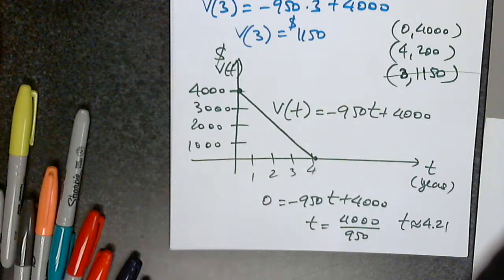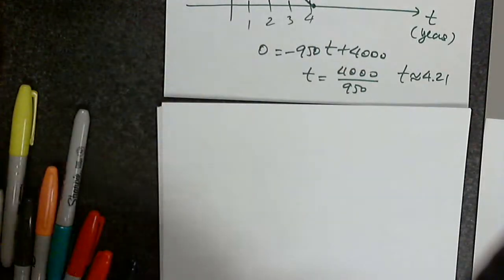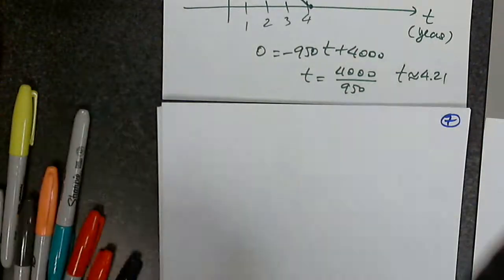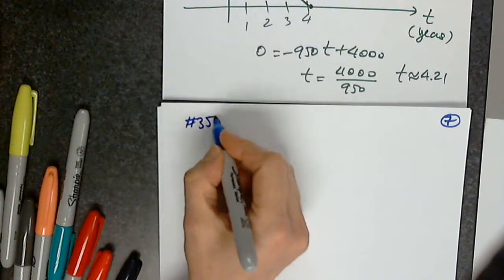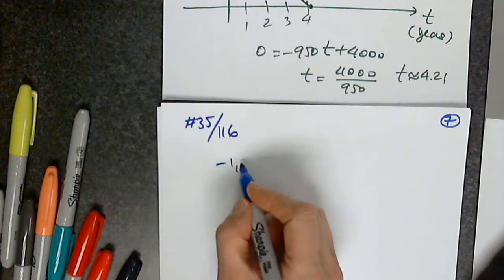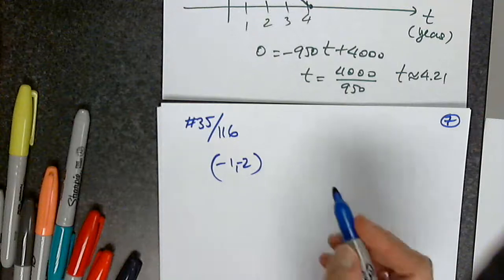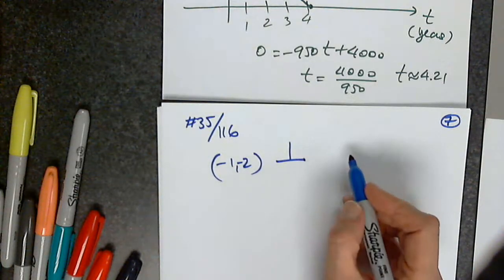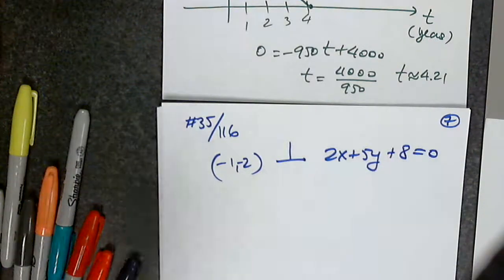I want to work on one more problem and then we continue. Chapter 2, number 35 on page 116. We're asked to find a line that is going through a point, passing through -1, -2, and is perpendicular to the line 2x plus 5y plus 8 equals 0.